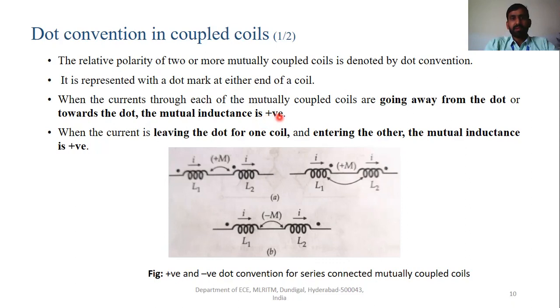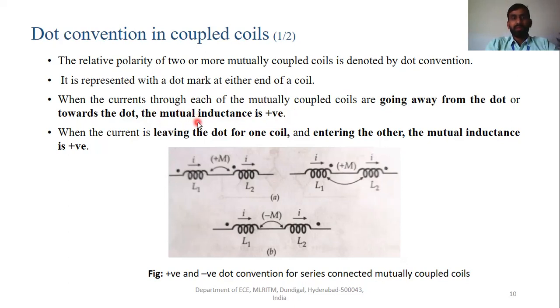Or else we can say it the other way: at an instant, if the current enters a coil through the dotted end, then the mutually induced EMF on the other coil will have positive polarity at the dotted end of the other coil. Is it clear?